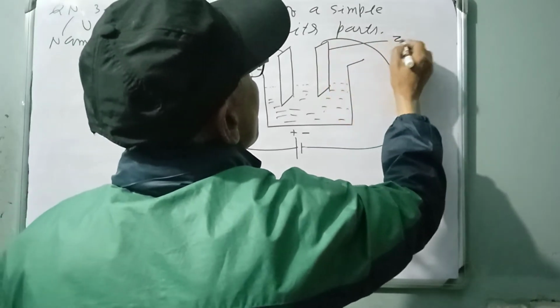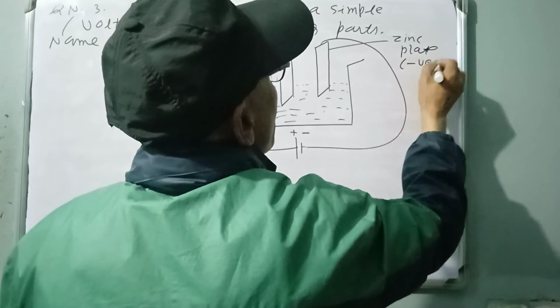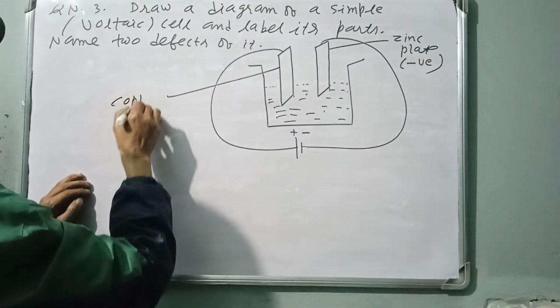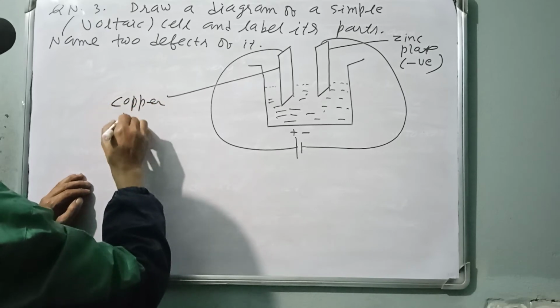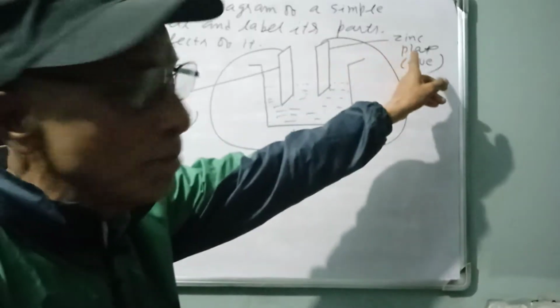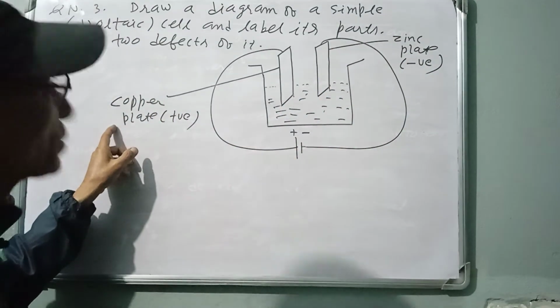Zinc plate or rod, also called negative plate. This one is copper plate, or positive. Electrons flow from zinc to copper, not copper to zinc.